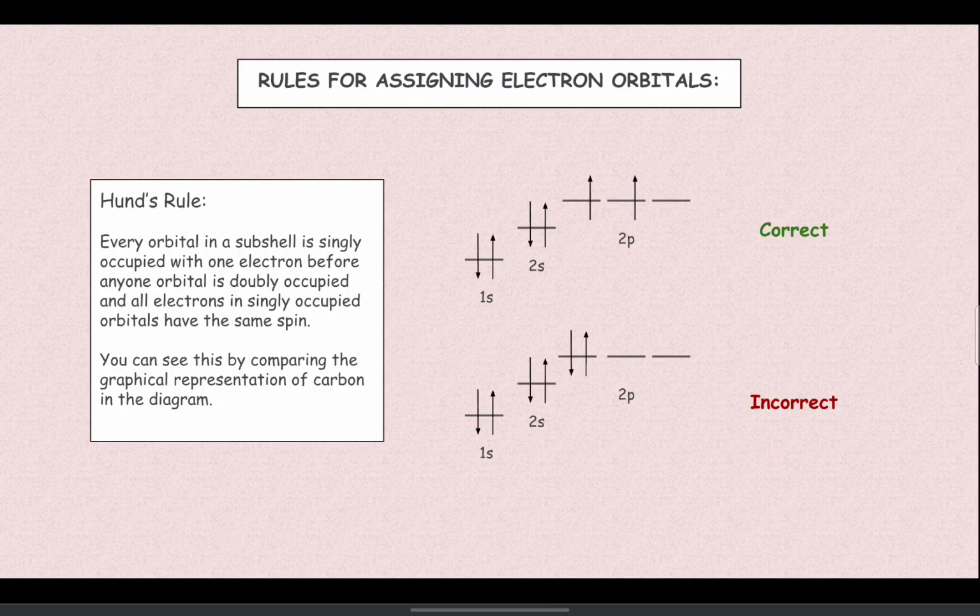So when we look at the representation of carbon here, each has an up and a down arrow, so that's correct. But instead of going 1 down here, 1 up here, you would fill it out with 2 going up. So you make sure that each of these, this one here, and this one here, has 1 electron before you start adding the second electron in.